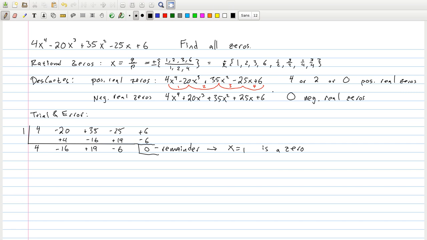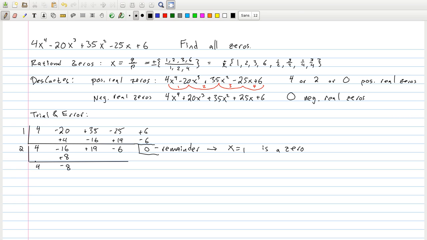Well, x equals 1 worked. Let's continue on in the list. Let's try x equals 2. So I'm just going to take the answer we had already and set up the synthetic division from here. Our first step again is to bring down the leading coefficient and then multiply. 2 times 4 is positive 8. We add these together. We've got negative 8.